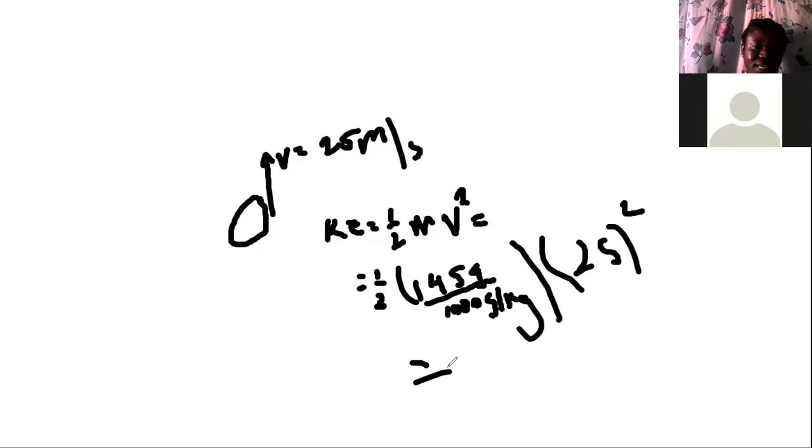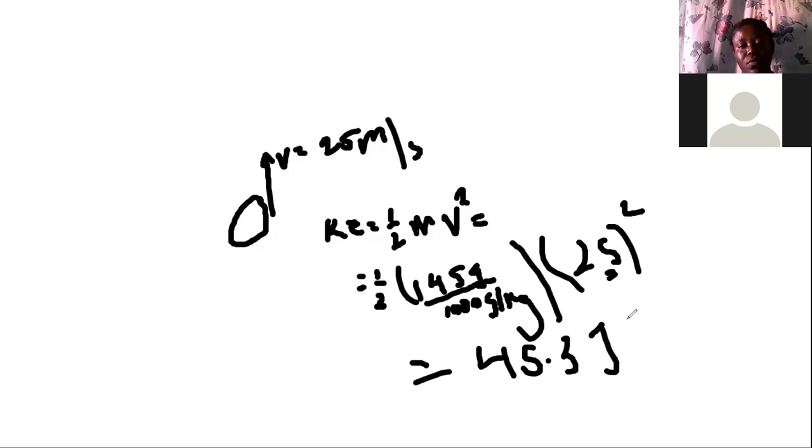Therefore the kinetic energy is equal to 45.3 joules. Following the significant figure rules, the same significance as the least, it's simply 45 joules.